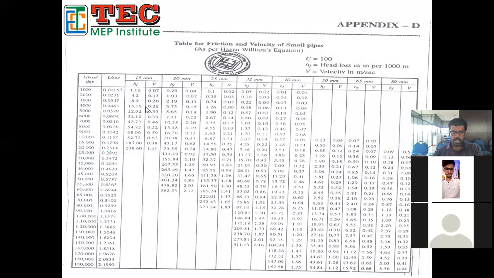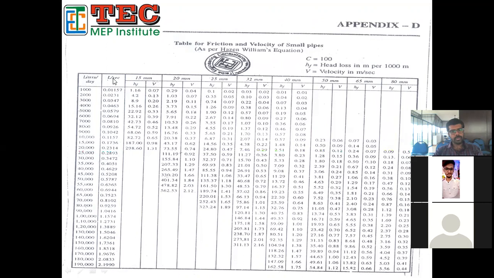Meter per day is shown, and meter per second is also shown. These are the different pipe sizes: 15, 20, 25, 32, 40, 50, 65, and 80. And HF is the friction loss, and this is the velocity. So let's see what the friction loss and velocity are according to the Hazen-Williamson equation.